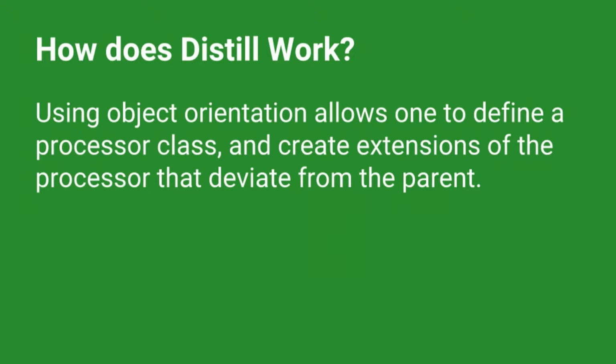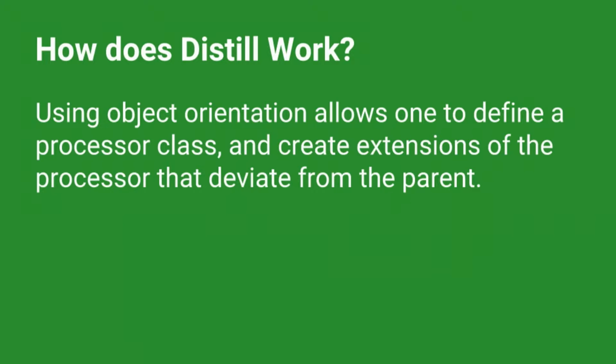So using object orientation allows you to define a processor class, but then you can create extensions of that class that deviate from what the parent processor class defines. Let's say you have a processor class named parent, and that sets up how all the different field types should be processed for any entity in your site.